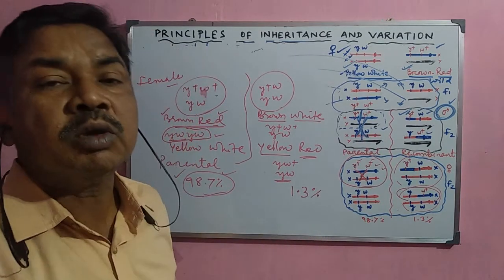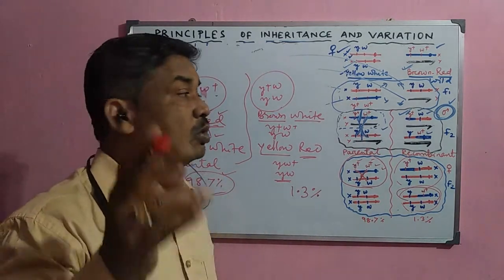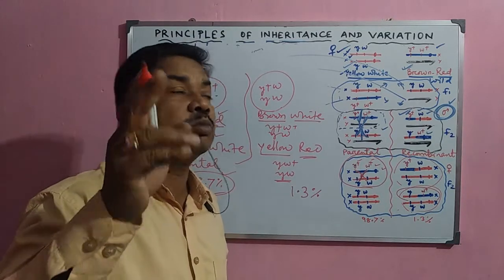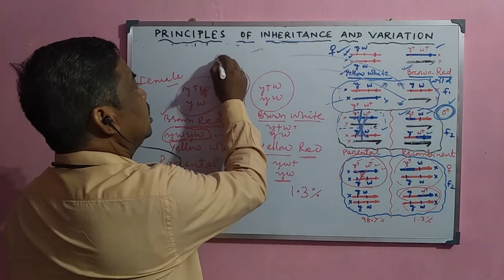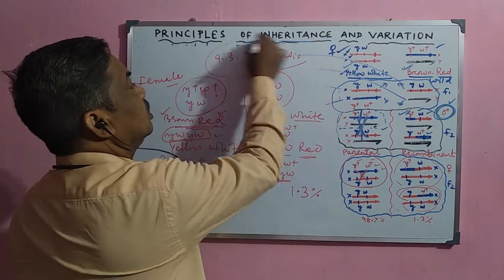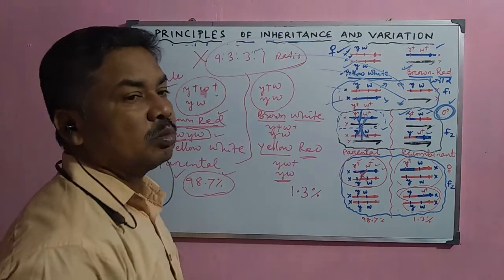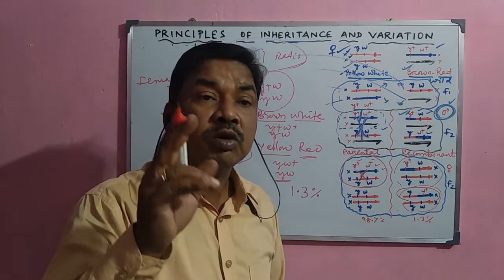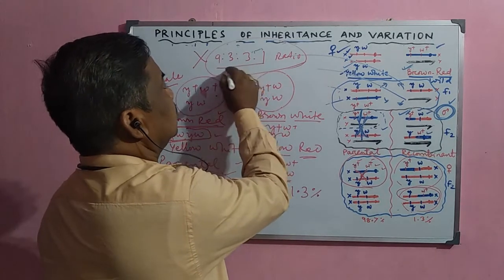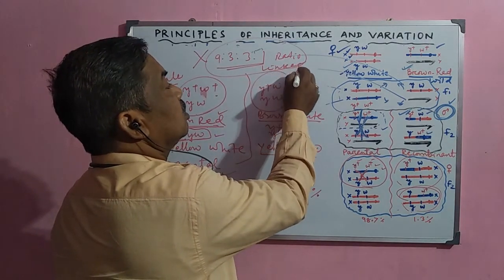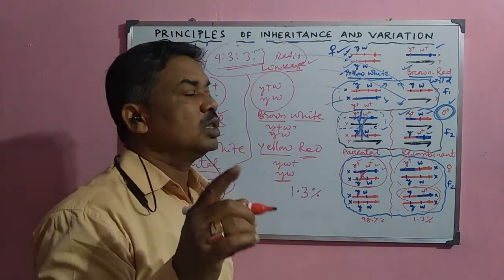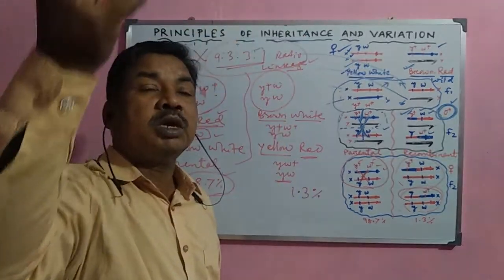So this type of recombinants are only possible when crossing over occurred between the genes which are present in the same chromosome. So here Mendel's 9:3:3:1 ratio was not observed. It was not observed in case of Morgan due to this recombination phenomenon, and Mendel's observation was due to the absence of linkage, because the genes which are there in the same chromosome normally remain together, but his genes were in different chromosomes.